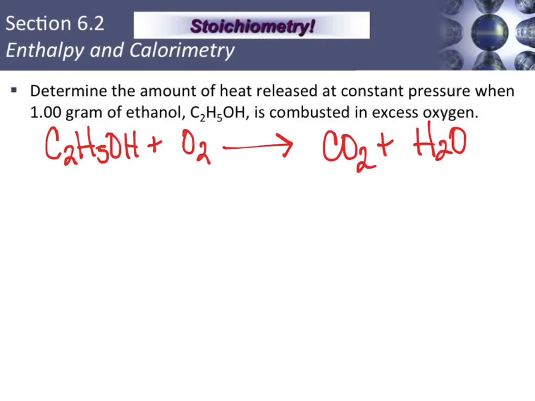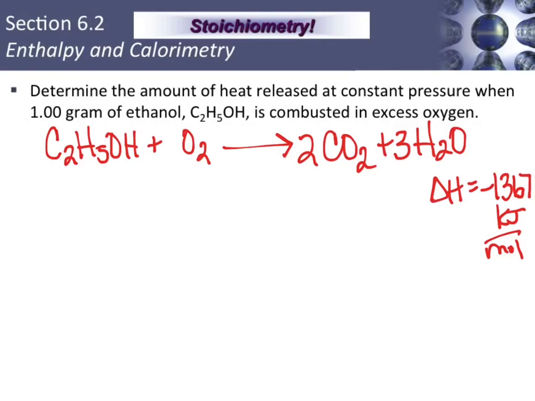And I'm going to tell you that the delta H for that reaction is negative 1367 kilojoules per mole. To balance that, we need a 2 here and a 3 there.